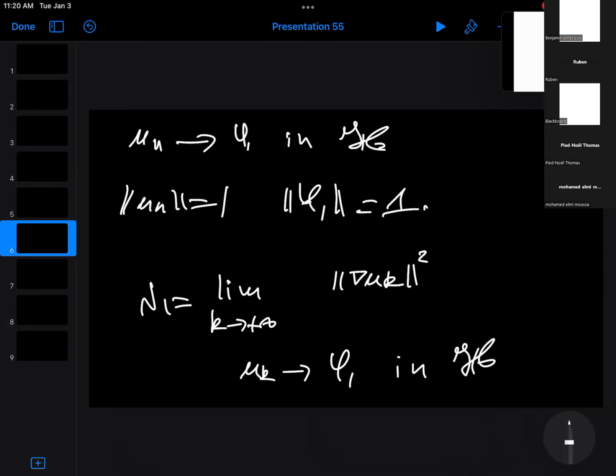What I would like is to have that the gradient of uk converges to the gradient of phi1, but I don't know about that. Does it exist or I don't know. Okay, so can we define that?